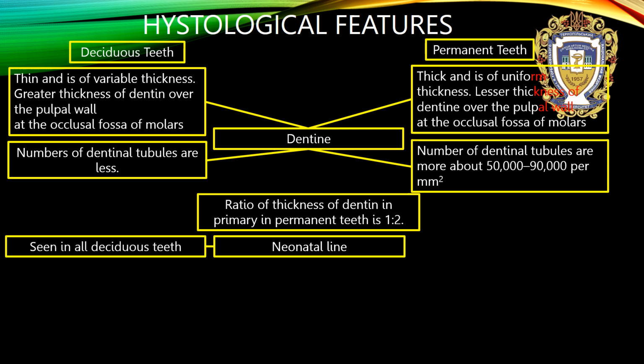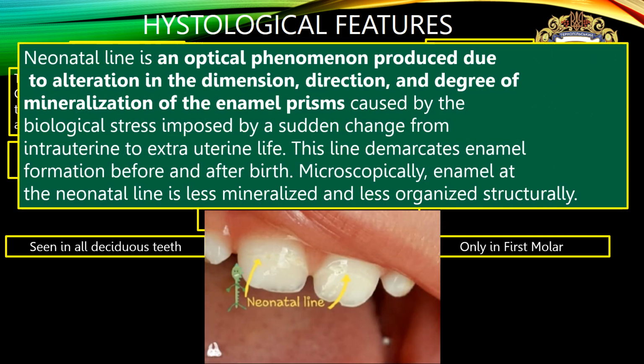Neonatal line. In temporary teeth, it is seen in all deciduous teeth, but the neonatal line in permanent teeth is present only in the first molar. What does it mean, neonatal line? Do you remember, doctors?